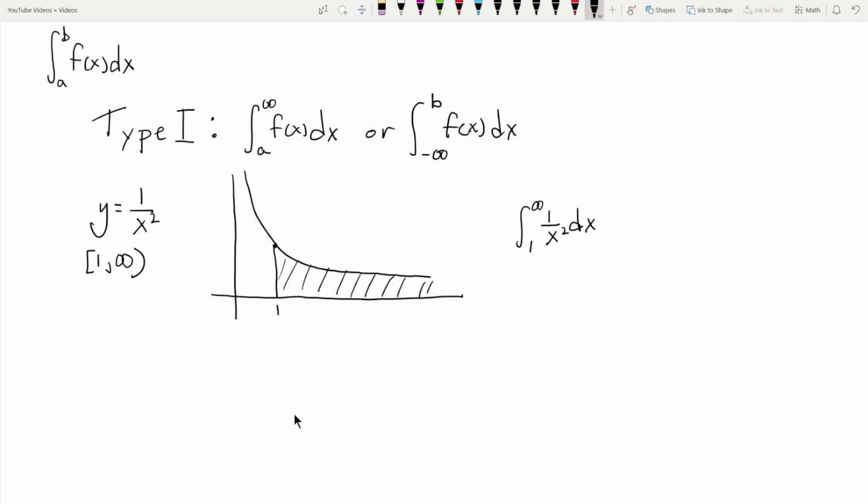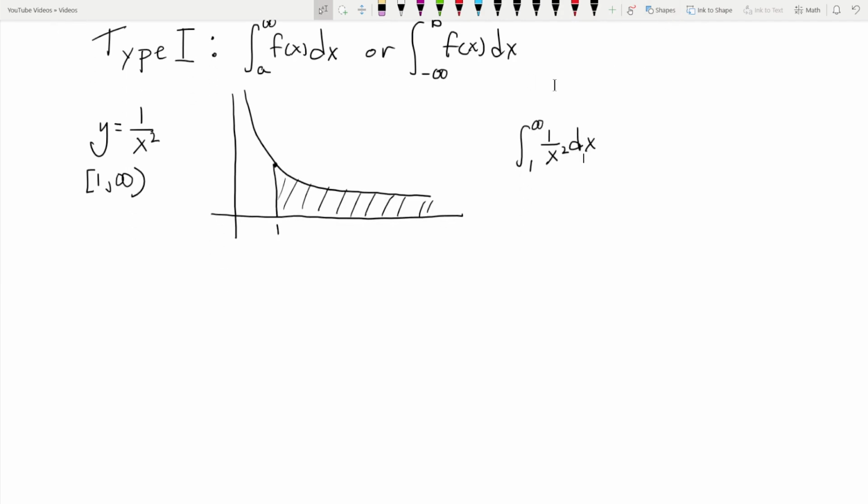Now, before I actually make any attempt to evaluate that, let's take a look at what happens if I make some finite sub-intervals here. All right, so if I stop this somewhere finite, and let's just call that t, then what I have is a finite interval, a finite area under the curve.